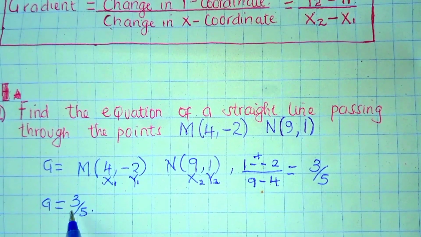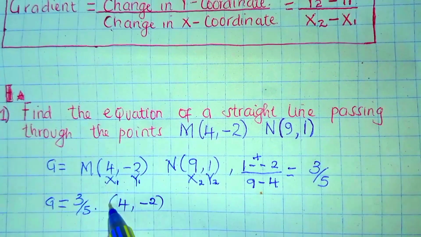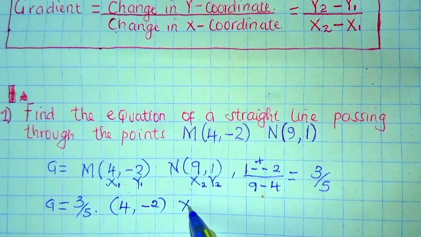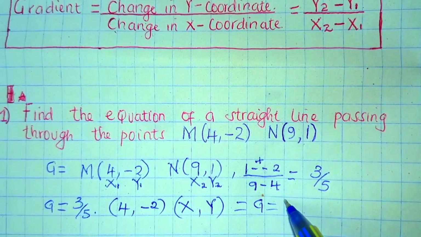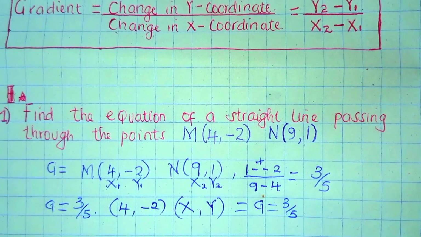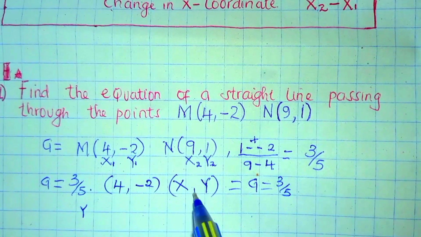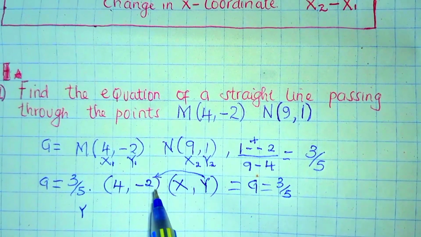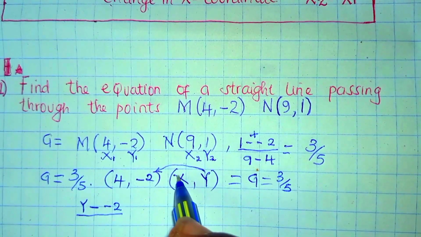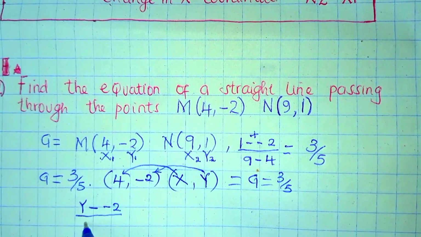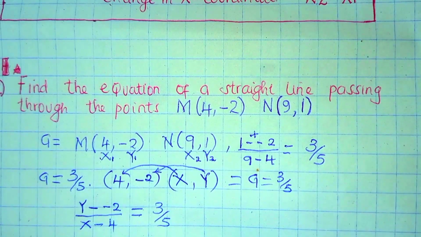Since we have found our gradient of 3/5, we can now pick one point, which is (4, -2), then a general point, which is x and y, and the gradient which is 3/5. So y minus -2 over x minus 4 is equal to 3/5.